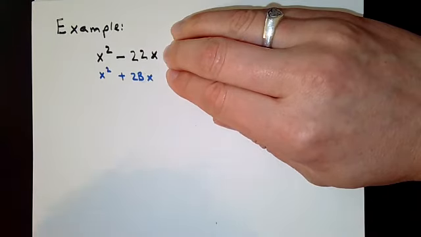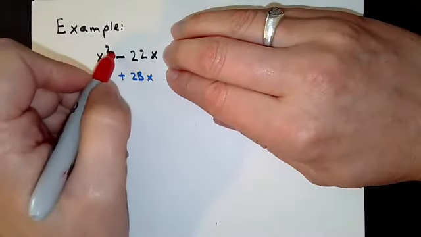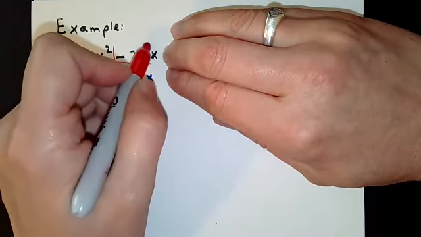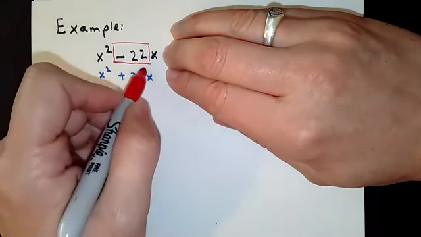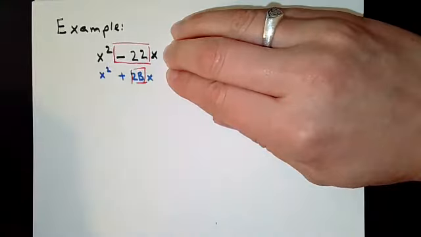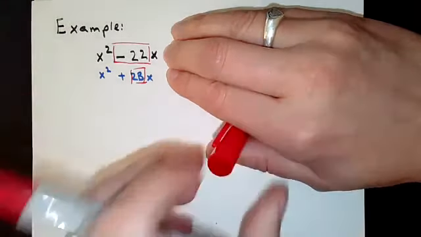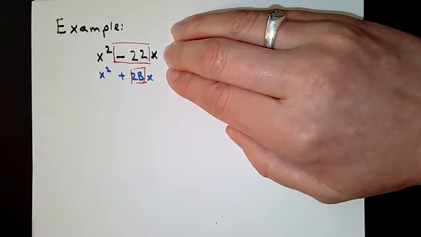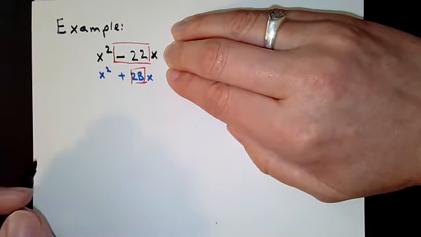coefficient. Now, like we did in the factoring videos, we have to be careful with the signs. The coefficient on x is not 22, it's negative 22. So as long as we state 2b is equal to negative 22, then we will match on the middle terms. So let's do that.